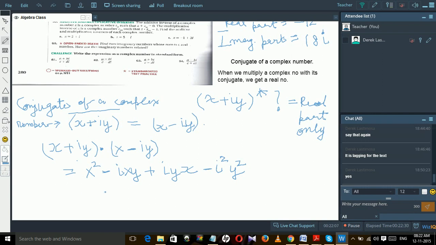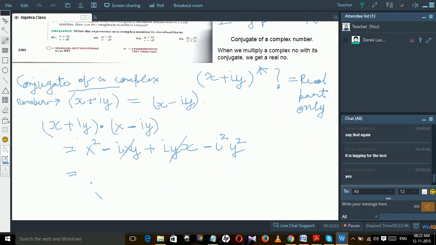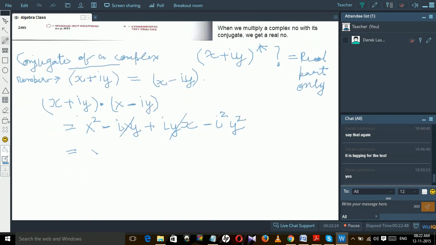Okay, is it clear? Okay, good. So we can cancel out these terms, these are similar and they are opposite in sign.